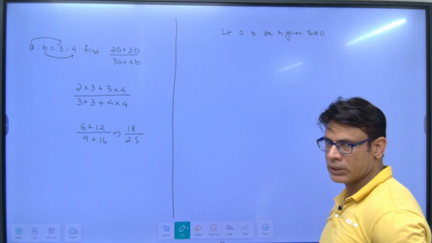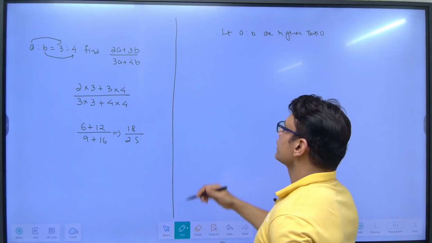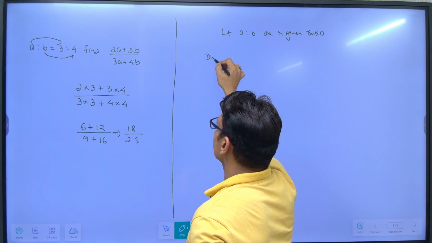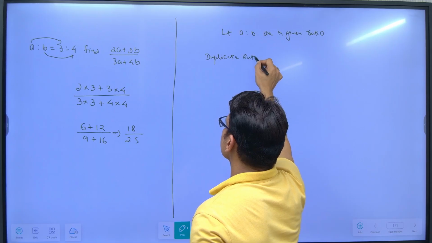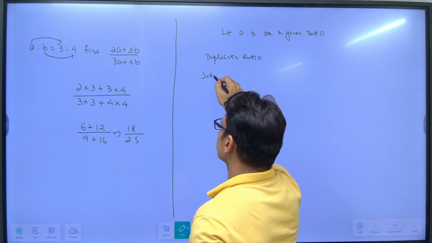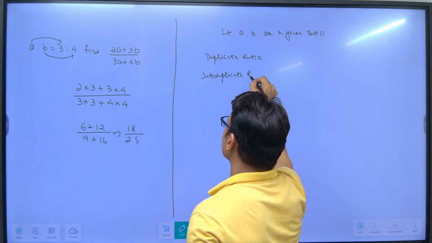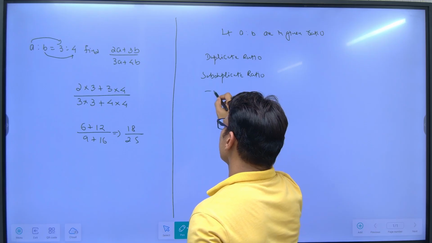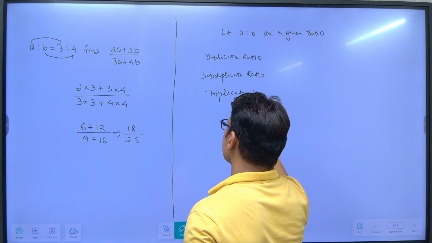Let's say there are two numbers A and B, they are already given ratio, right? A is to B. Then if I ask you to find out duplicate ratio of this, and subduplicate, triplicate, subtriplicate.